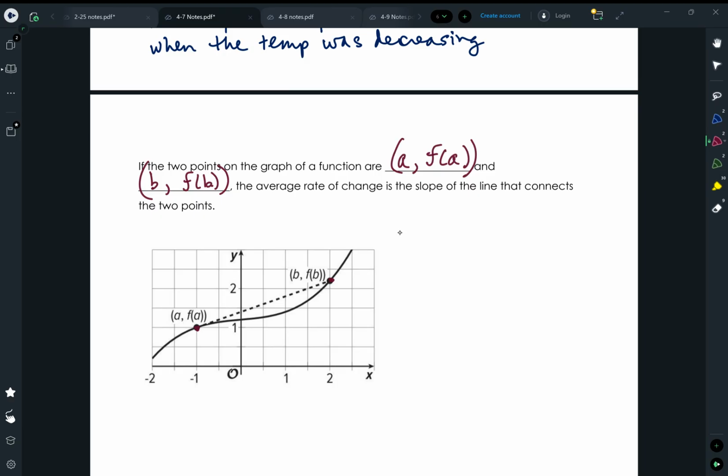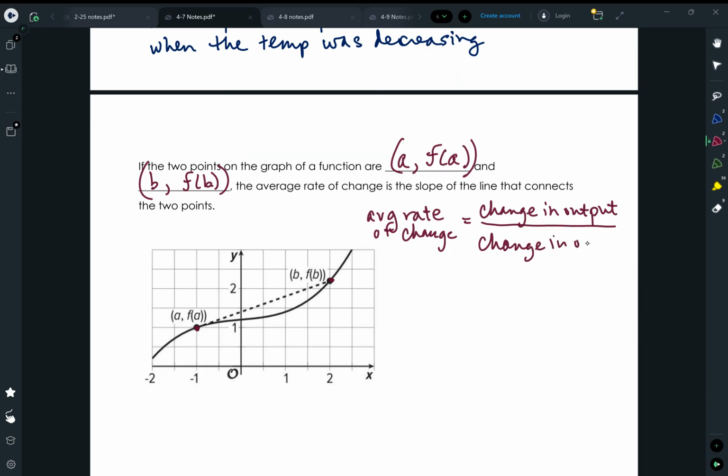And so I could find my average rate of change lots of different ways. We're going to kind of write them all out now. So I showed you earlier, we could do our change in output divided by change in input, and that will always work. And these are just different ways to look at the same idea.